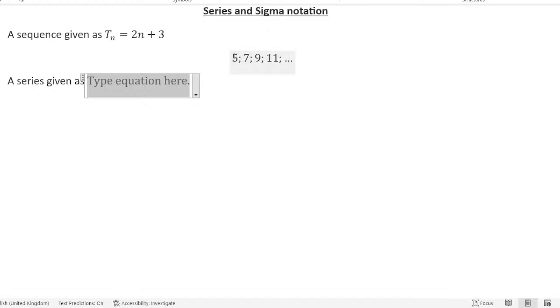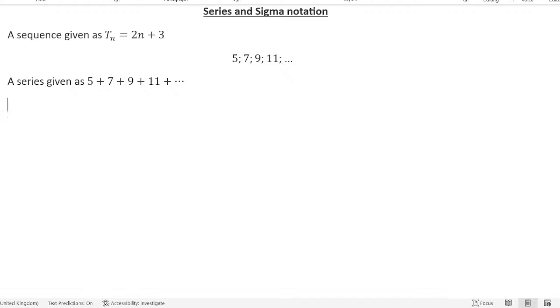Here we're talking about the sequence, so it's just a semicolon separating the numbers. So when I talk about a series, it's gonna be a plus separating the numbers. So if you write this as a series, it's gonna be 5 plus 7 plus 9 plus 11. Then the series continues.